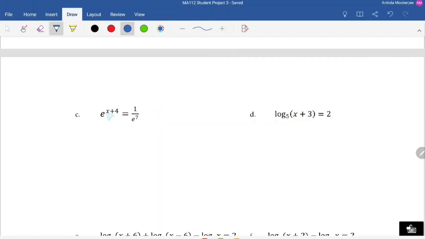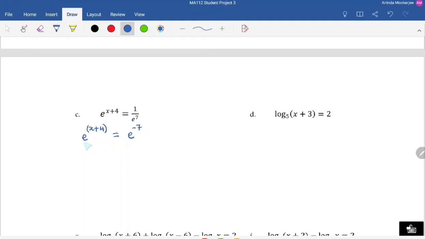All right, so the left hand side is going to be written as e, and I always like to surround the expressions in brackets. So e raised to the power x plus 4 equals, to bring e to the 7th up to the numerator, we will just switch the sign of 7 from a positive to a negative. All right, so it's going to be e raised to the power negative 7.